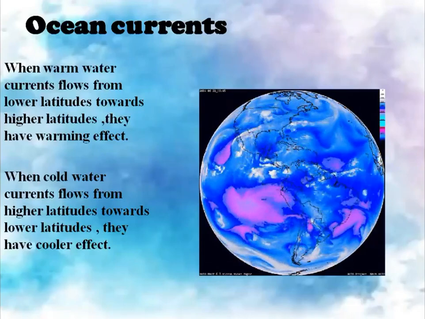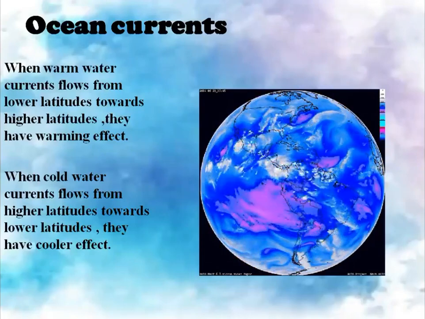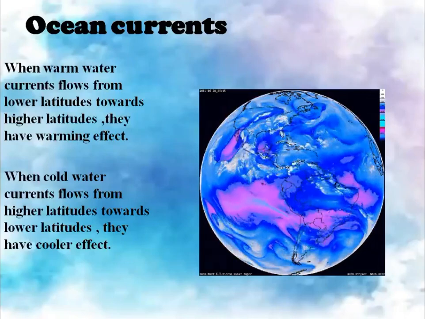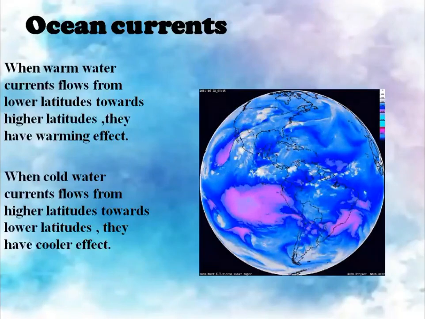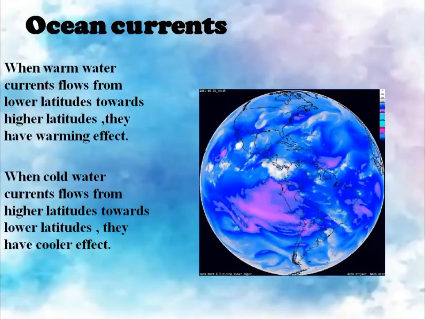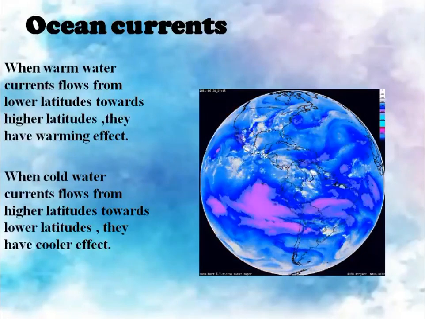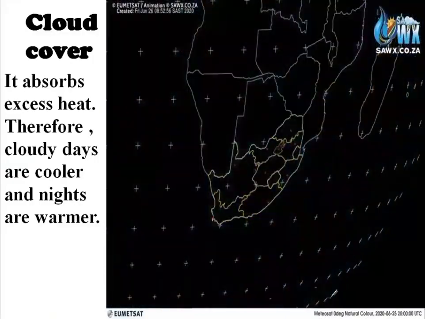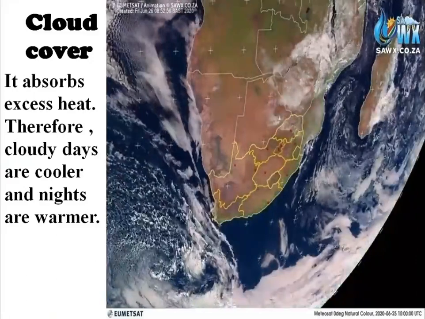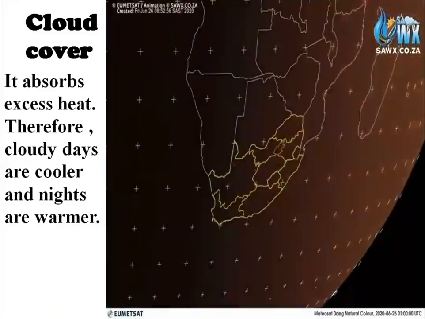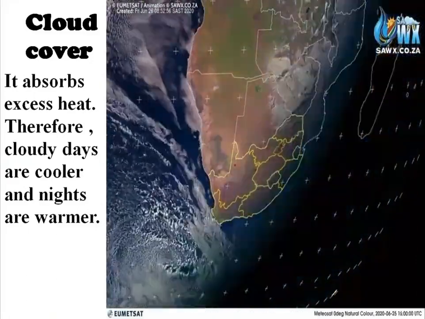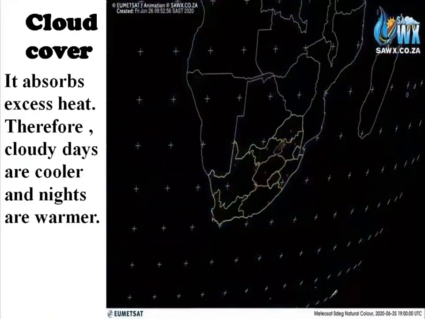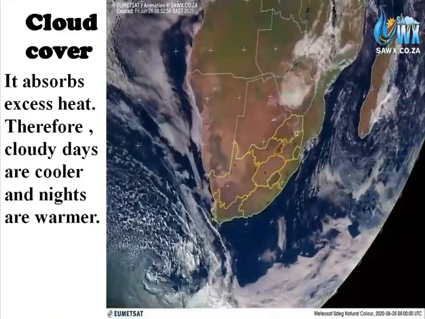And when colder currents from polar regions flow towards the lower latitude, they tend to lower the temperature and make seaports inoperative. Now, cloud cover. It tends to absorb excess heat during daytime and prevents the loss of heat at night, and that's why cloudy days are cooler while the cloudy nights are warmer.